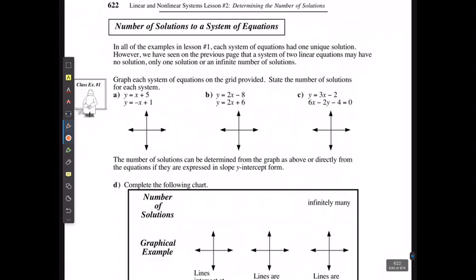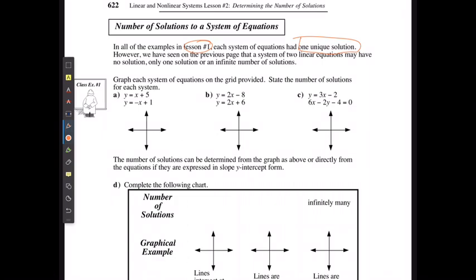So when I'm stating the number of solutions that any given problem can have, in all the examples in the first lesson, each system of equations had one unique solution, which means that it always had one point where they crossed and would always work.